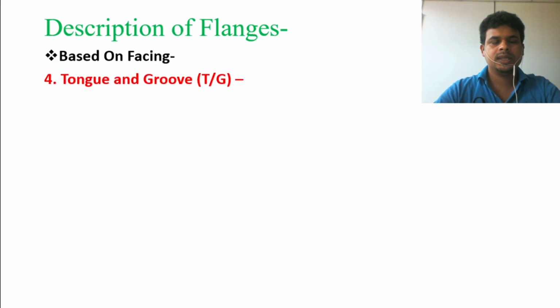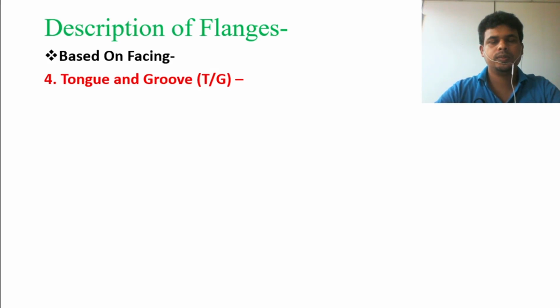That lecture went up to number 3, so today is number 4, the tongue and groove type. These flanges are typed based on facing. I will try to share some basic information very shortly, and I hope you will stay with me until the end of this class.